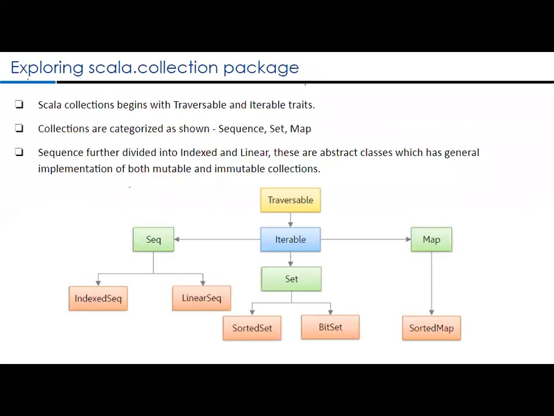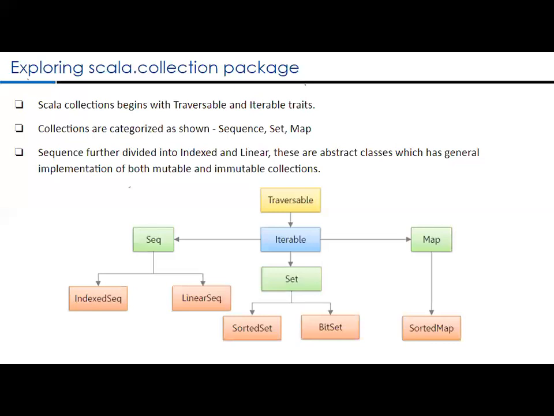Now, first let us see the Scala.collection package. As I told you, the root package of all your collection classes is Scala.collection. We have three variants: Scala.collection, Scala.collection.immutable, and Scala.collection.mutable. This Scala collection is logically divided into mutable collections and immutable collections.